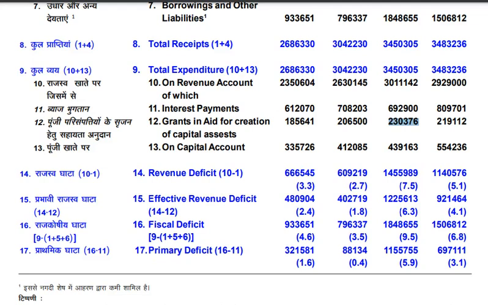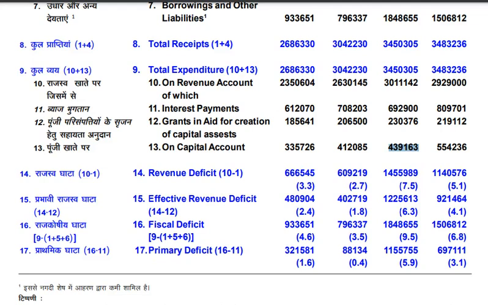whereas the capital account expenditure was 4,12,000 crores. The estimates have increased to 4,39,000. The good part about this information is that even though the government has borrowed money, they have utilized this borrowed money for capital expenditure, which is a good sign.